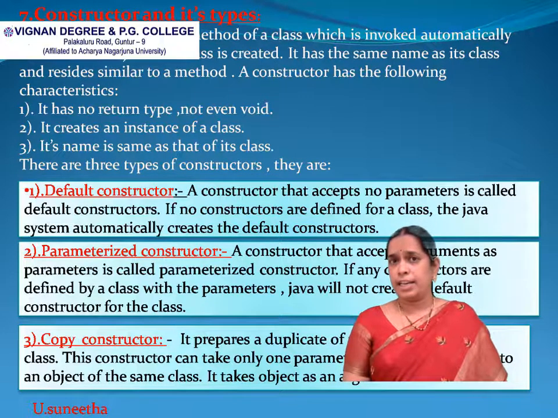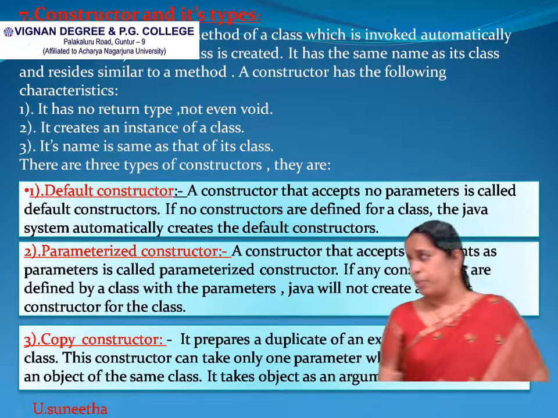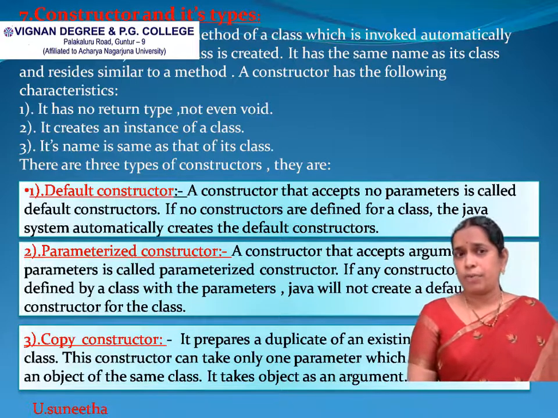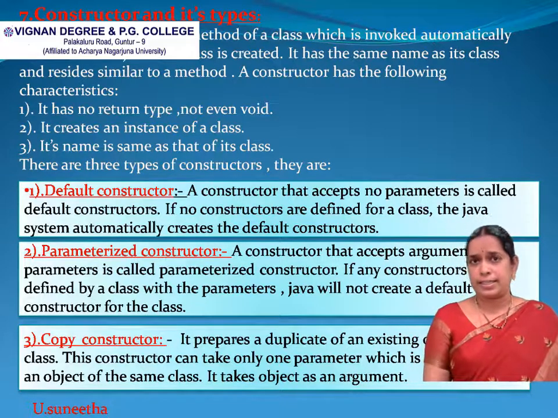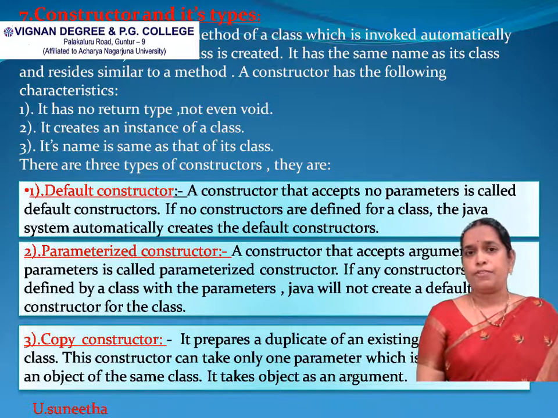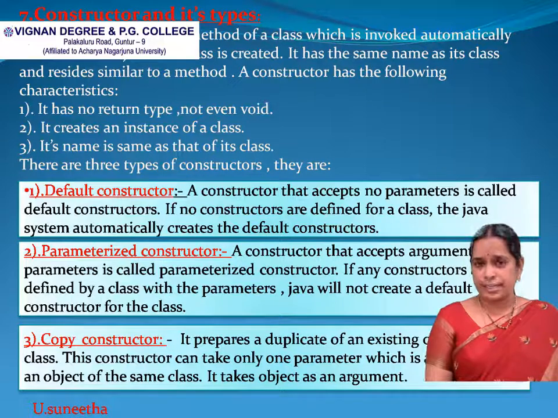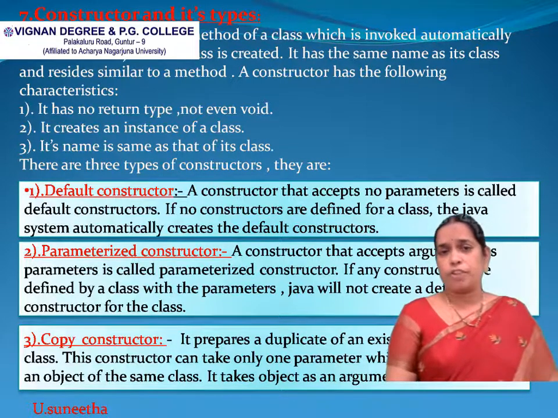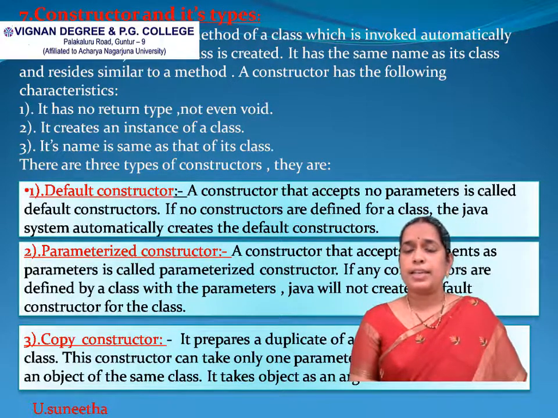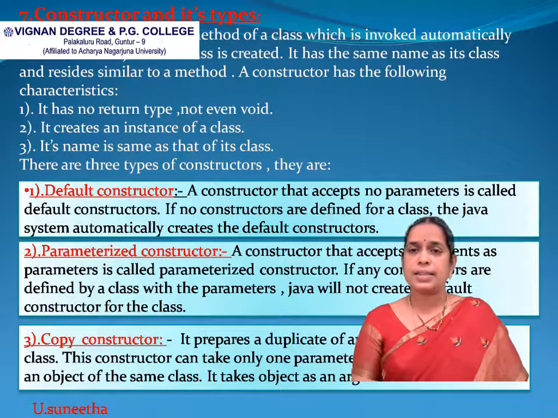Here is an example related to the constructor, and before moving on to the example, we will see what the characteristics of constructors are and what the types of constructors are. First, the characteristics of constructors. The first property is that a constructor has the same name as the class name.